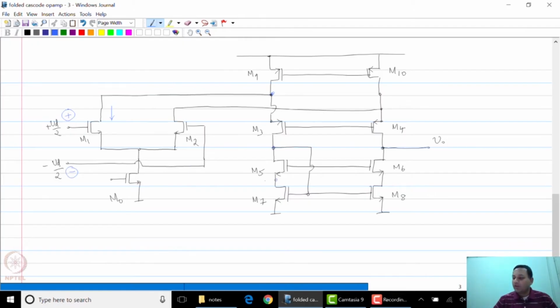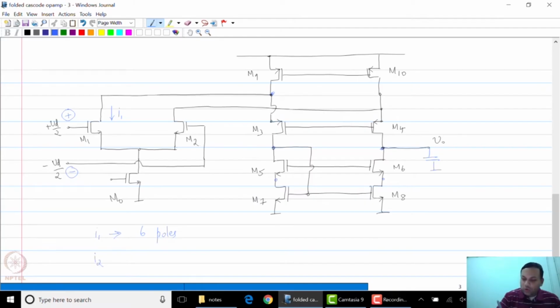It passes through this node. It passes through this node, and finally at the output. So clearly, you expect I1 to pass through these 5 nodes, and of course the output node. So you expect 6 poles in the expression for V out over I1.